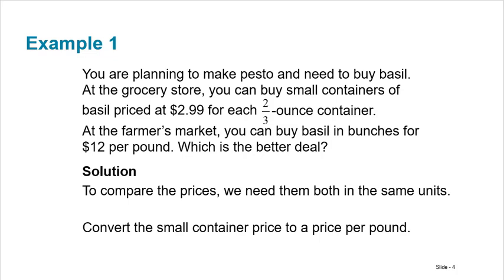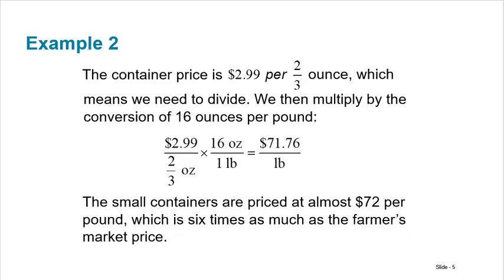Well, obviously to compare them, we need them both in the same unit of measure. So we can convert the ounces price to pounds price, or we could convert the pounds price to ounces price. I would probably go the other way, pounds to ounces, and I wouldn't have to worry about this whole 2/3 thing.